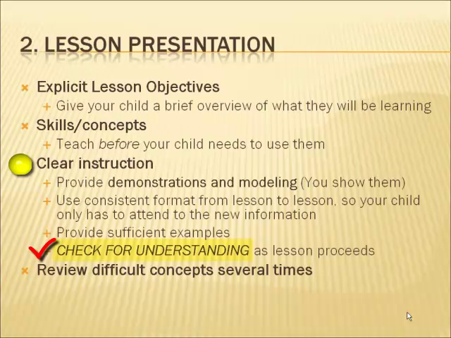You want to make sure they're getting it as you go. You can do that by observing, by asking questions, asking for their feedback. There are lots of ways to check for understanding, but it needs to be throughout the lesson. Then you want to review difficult concepts several times so that they understand them.